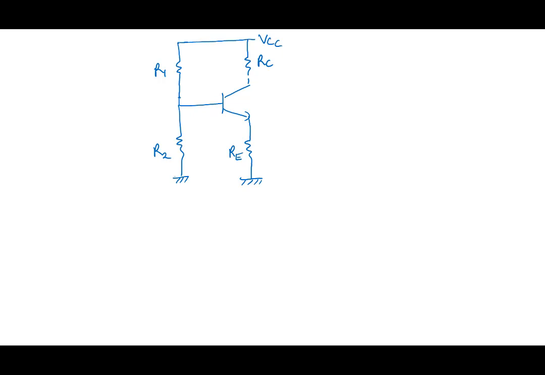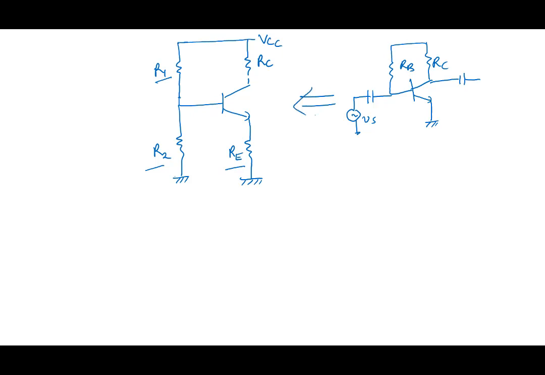The whole arrangement is for biasing: R1, R2, and RE are all there for biasing. We are saying that this is a replacement for this circuit, the original circuit. We are saying that this would be better in terms of stability. So we are trying to replace this by this.